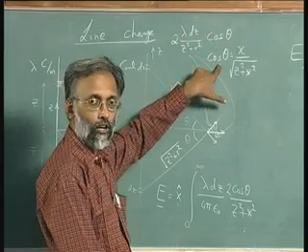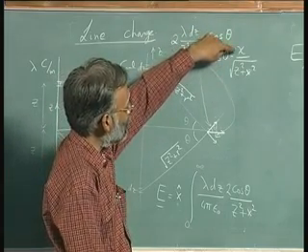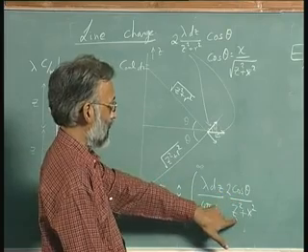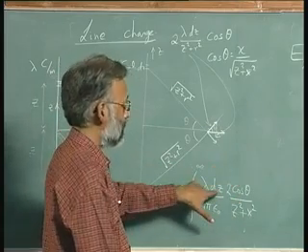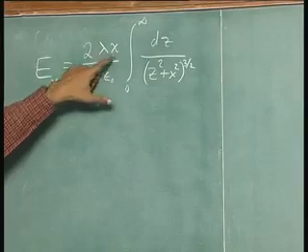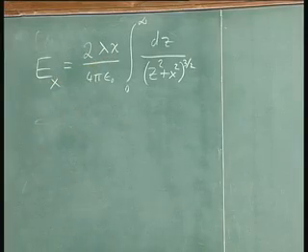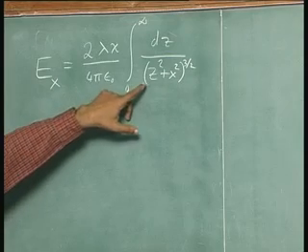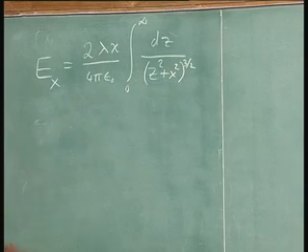What I have done is I have taken cos theta, x over square root of z squared plus x squared, and put it in here. The x is not integrated over, so it came out. The square root of z squared plus x squared combined with what was already there to give me z squared plus x squared to the power of 3/2.